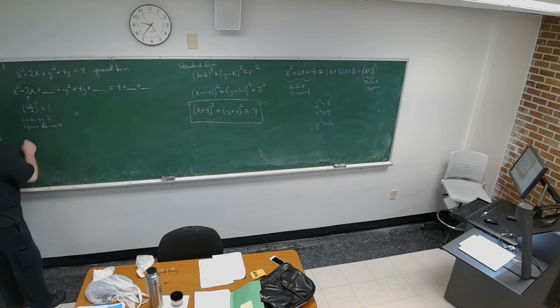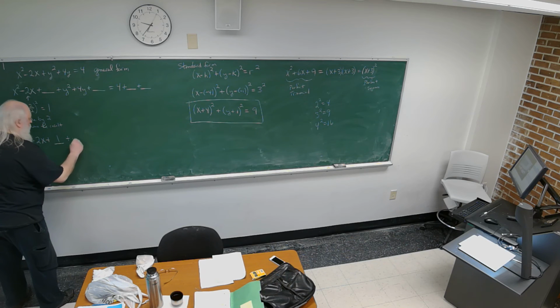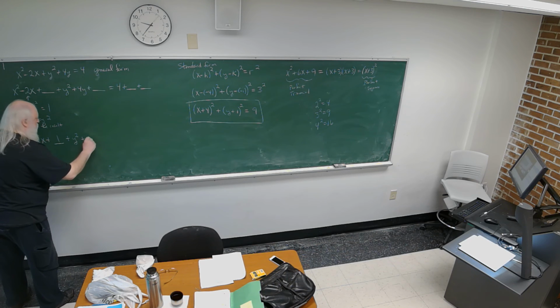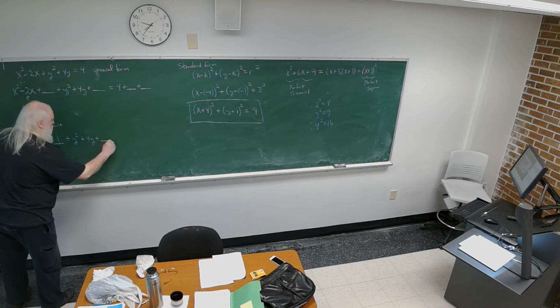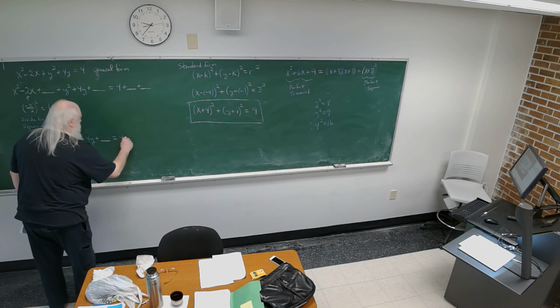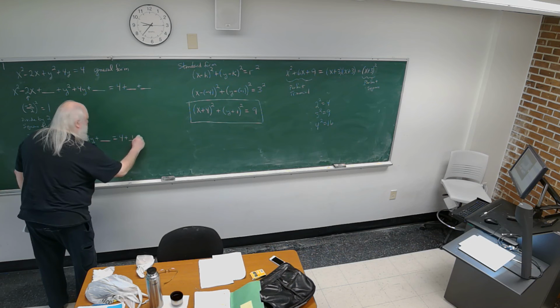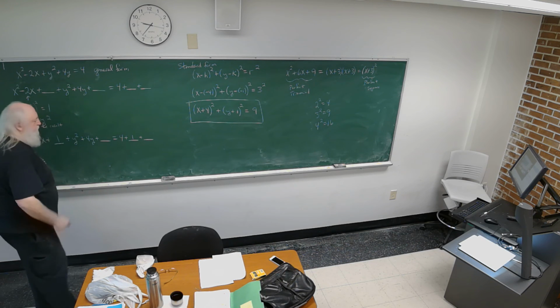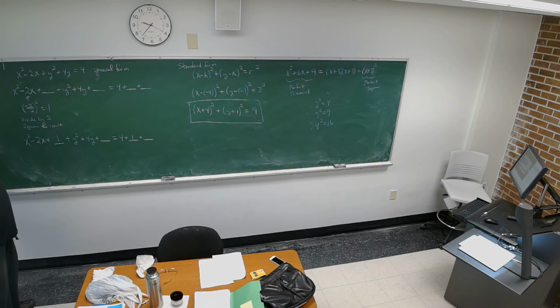So we have x squared minus 2x plus 1 on the left-hand side, and 1 goes in the first blank on the right-hand side. So we add 1 to the left and 1 to the right.